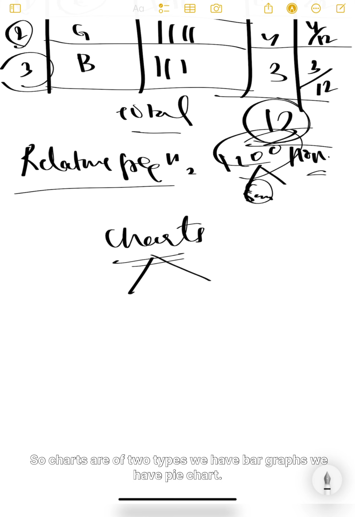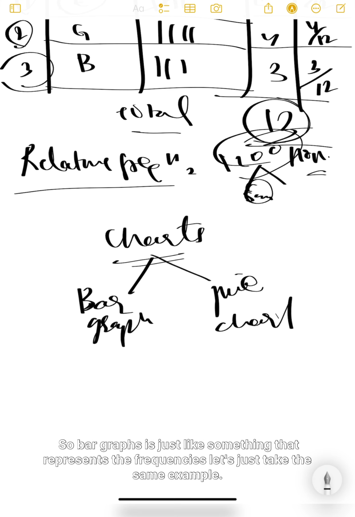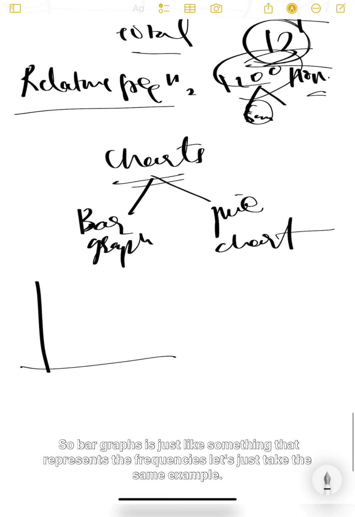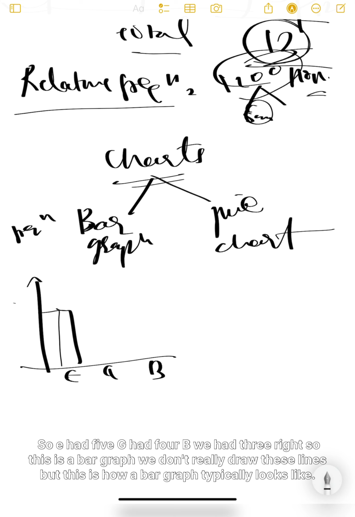Charts are of two types: we have the bar graph and the pie chart. A bar graph represents the frequencies. Let's take the same example. For E we had 5, for G we had 4, for B we had 3, right? So this is a bar graph.